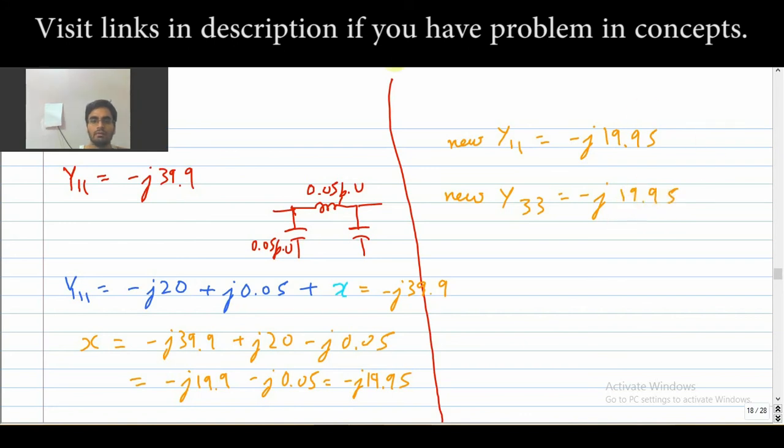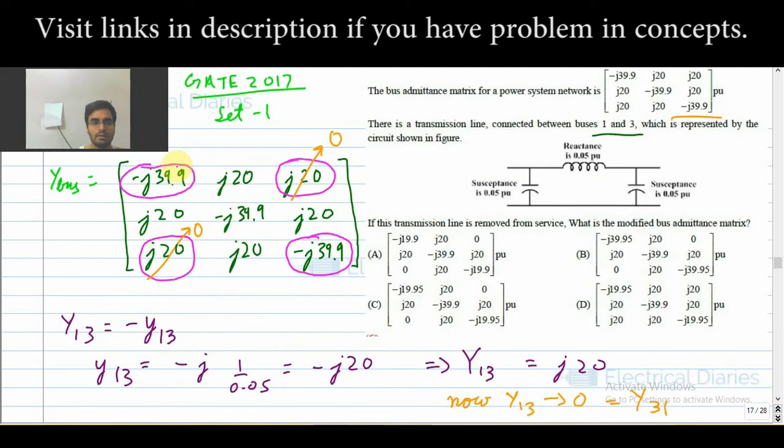So we have calculated new Y11 and new Y13. These elements were changed to minus j19.95, and this was also changed to minus j19.95. So your new matrix will be option C.